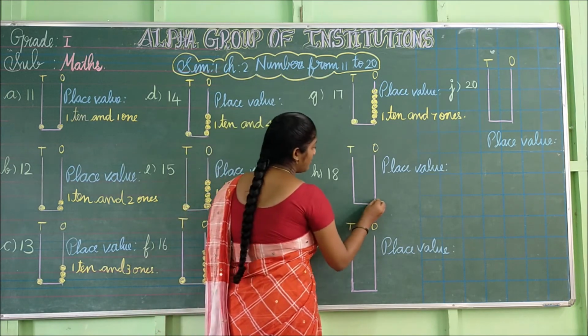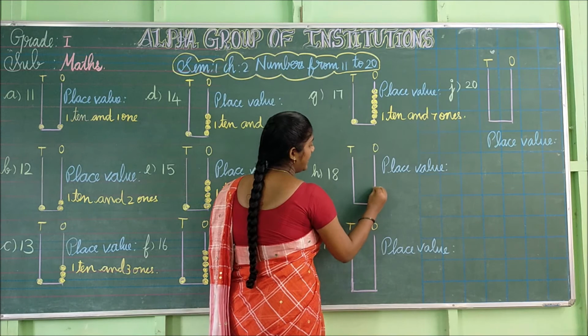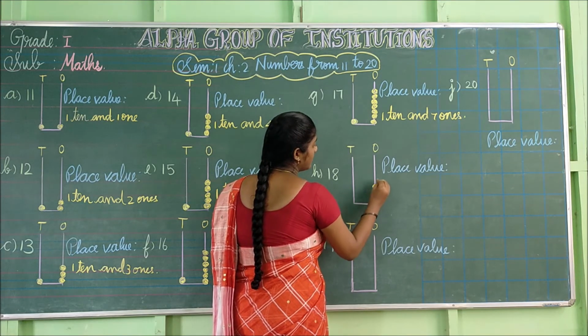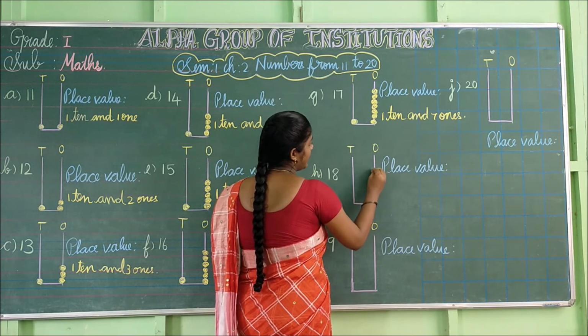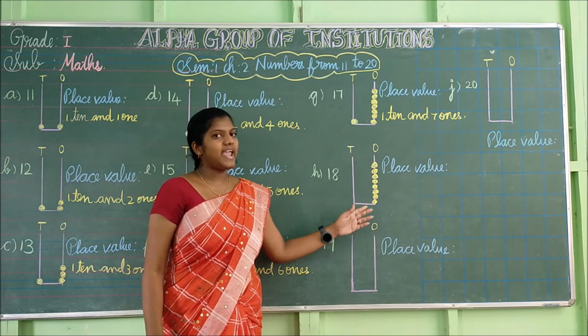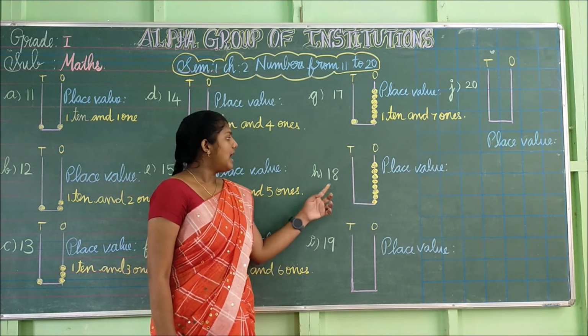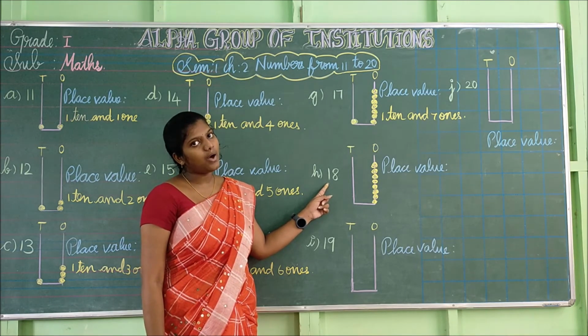See here, 1, 2, 3, 4, 5, 6, 7 and 8. So I have drawn 8 beads in the ones column, and in the tens place what do we have? Yes, we have 1.